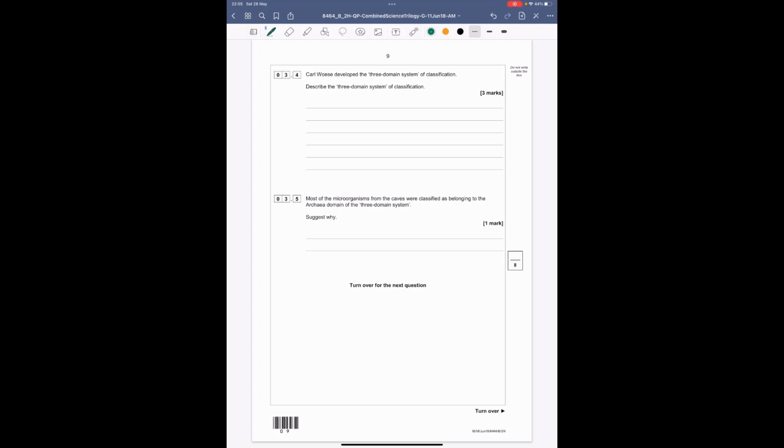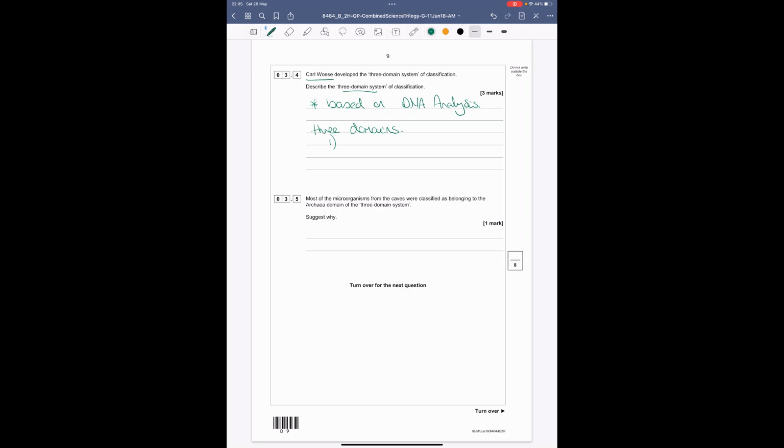And then you've got the more recent one, which was developed by Carl Woese. And his one is based on the 3-domain system, and it's based on DNA analysis. Okay, and he basically said there are 3 domains instead of the 5 kingdoms.